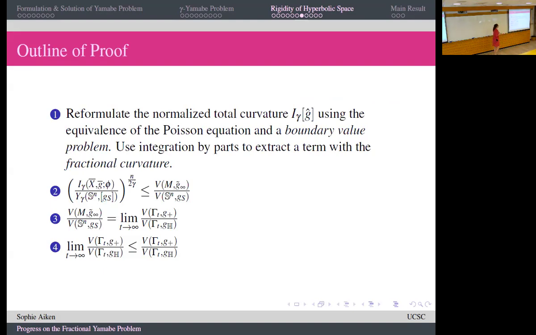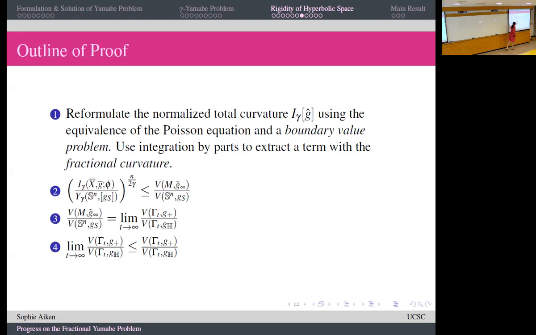And by doing that, I get a different numerator in my total curvature functional. It's important to get that different numerator because now I have something that I can more easily compare with these volume comparisons. Then once I have this volume comparison, I'm going to use limits and conformal factors to move to what I really want, which is the relative volume of these geodesic balls or geodesic spheres.